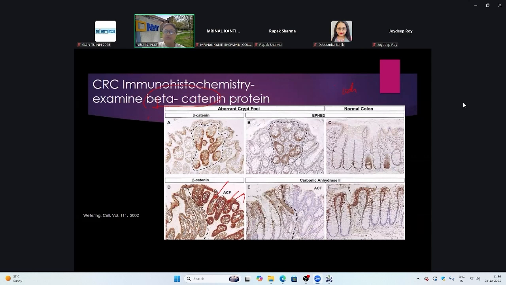So let's look at a normal colon here. You don't have too much beta catenin. Anything that's brown, that's where they have beta catenin. But in an aberrant foci, you have too much beta catenin, too much brown. This is huge. This is really ugly.